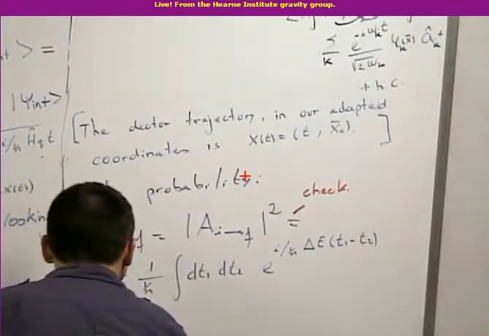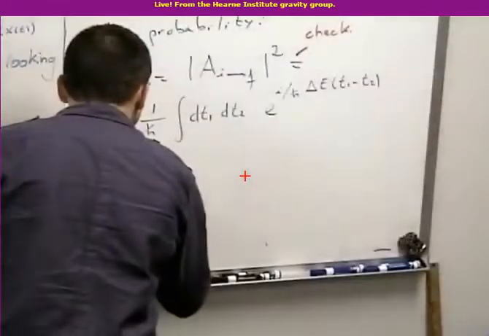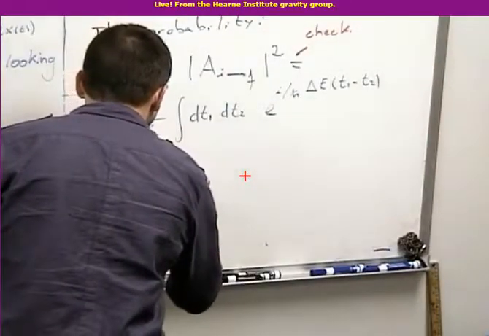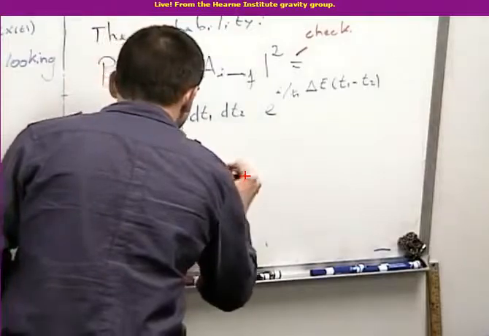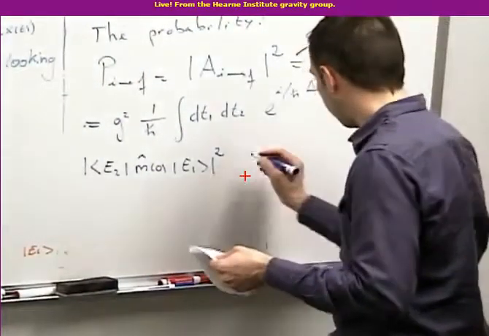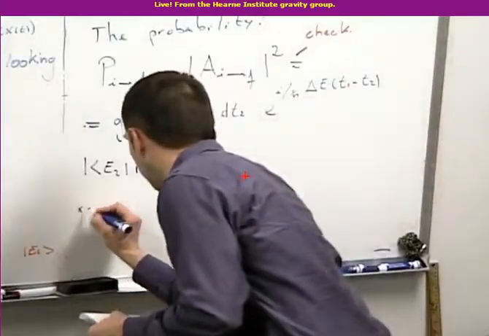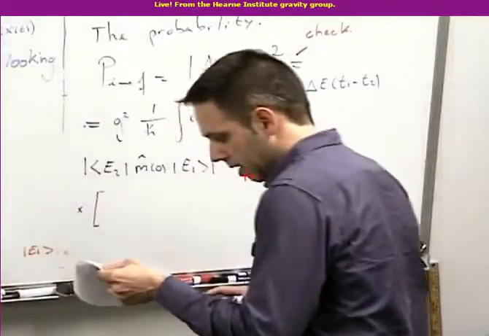Now we have the matrix element E2 m naught E1 squared, and now we have the part that depends on the field, so let me add it here in a line.